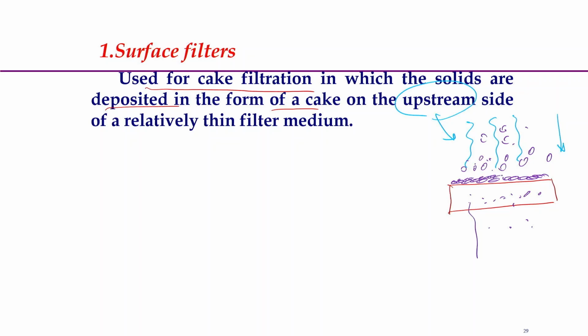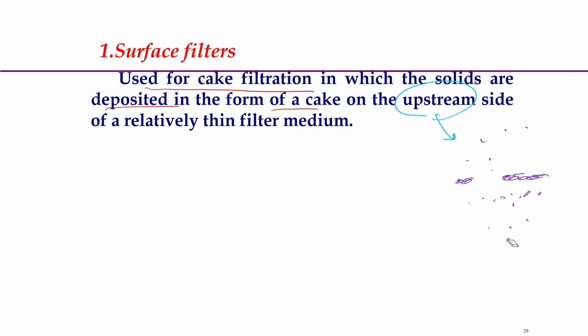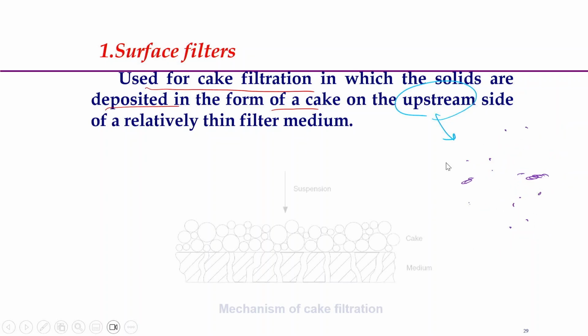After a certain time, proper cake formation will be there, and then it will start filtering the small particles also. This deposition is on the upstream side, and on the downstream side we get clean air. That is surface filtration.